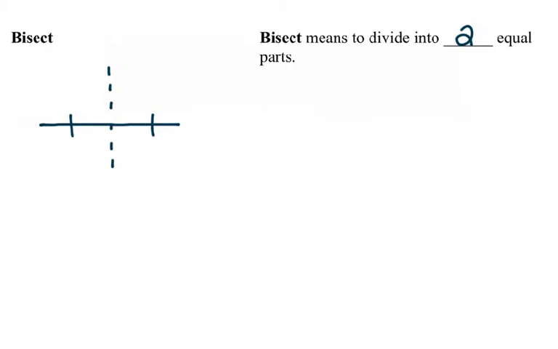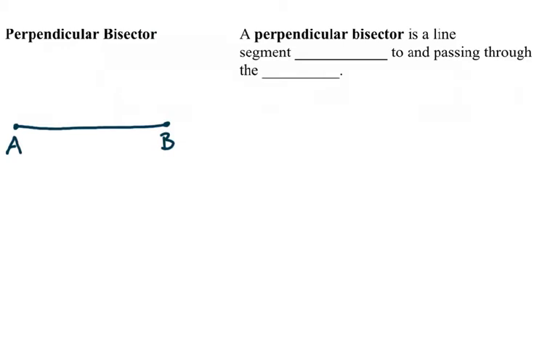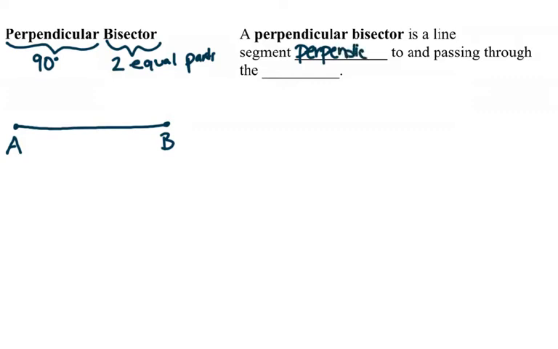Alright, perpendicular bisector. All right, so there's two things going on. The word perpendicular means 90 degrees, and then bisect means two equal parts. All right, so a perpendicular bisector is a line segment perpendicular, meaning equal to 90, to and passing through the midpoint.